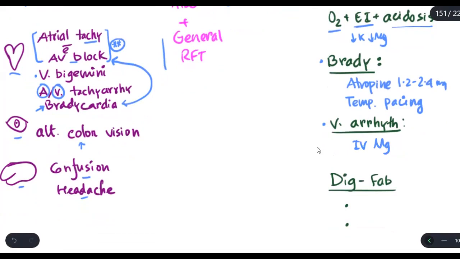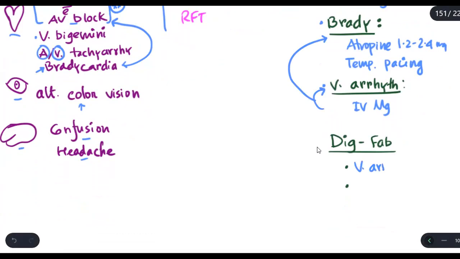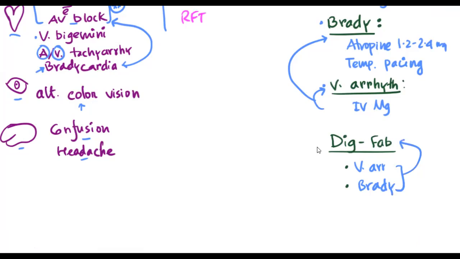In patients who have significant or severe poisoning, where there are severe ventricular arrhythmias not responding to magnesium, or severe bradycardia, then we have to use the digifab. This is digoxin specific antibody fragments.